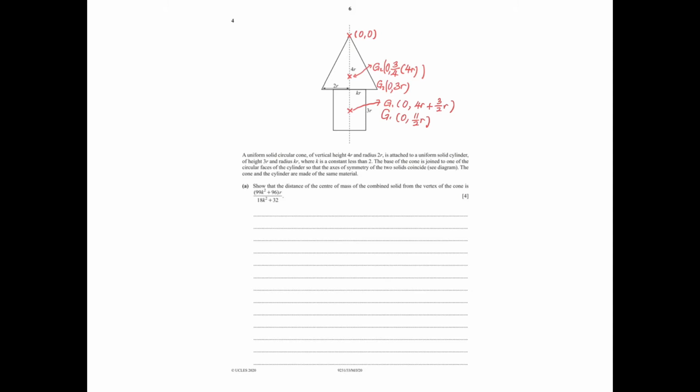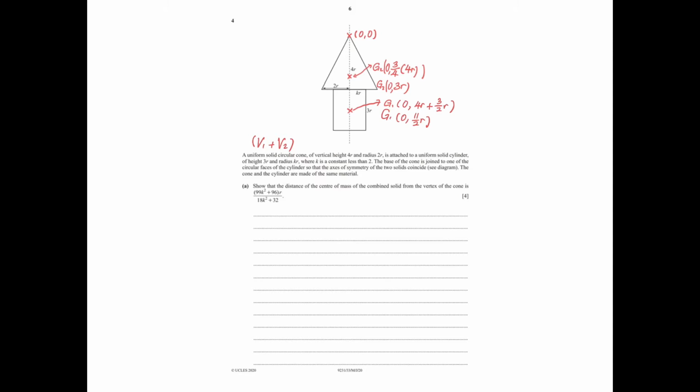Once we have determined the center of mass for each individual solid, now we can make use of the formula. Our formula to find the center of mass for a solid made of the same material is this: V1 plus V2, where we add up the volumes.